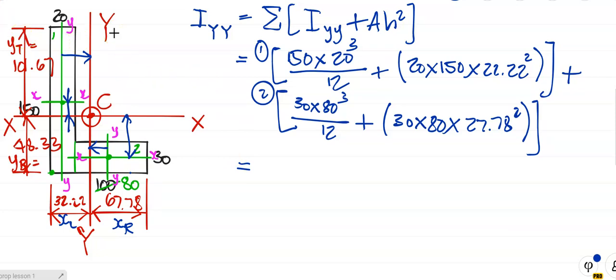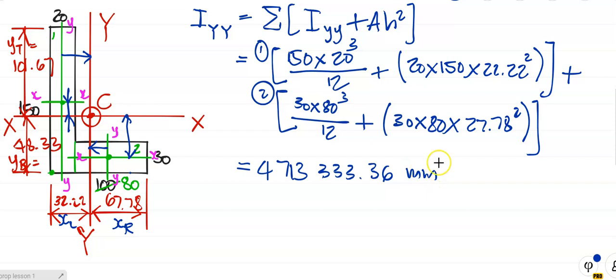And the answer I get is 4713333 millimeters to the fourth. Oh, lots of threes. Maybe let's play the lotto. I'm only joking.